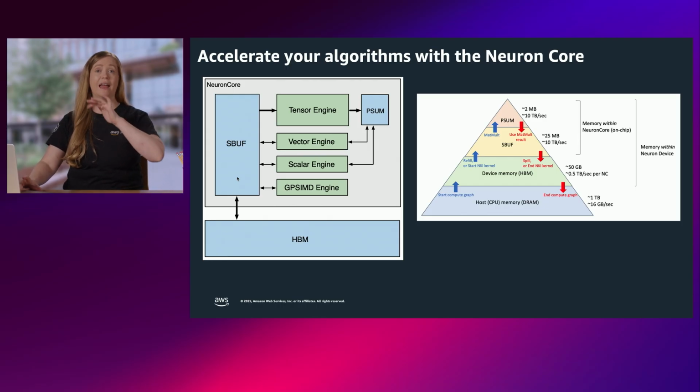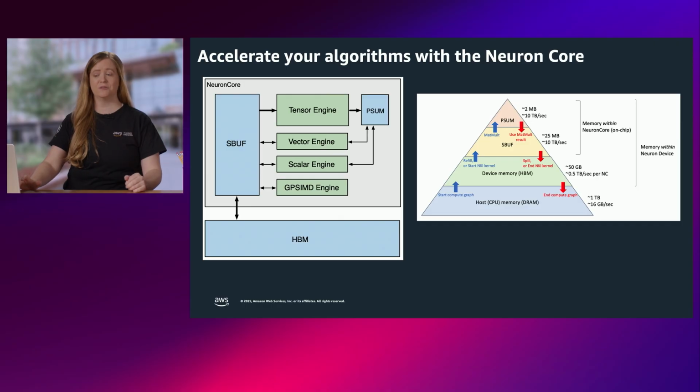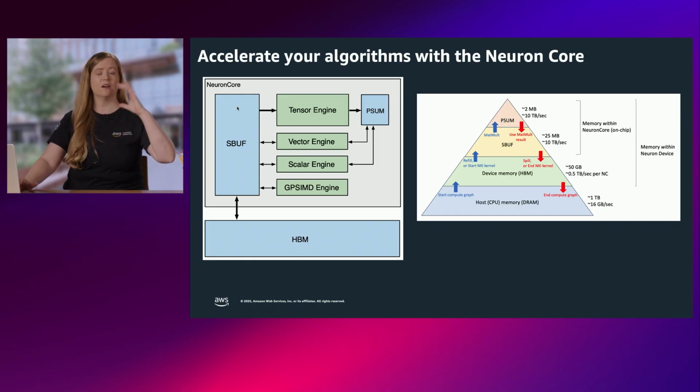The command is called nl.load. With nl.load, we're physically moving the tensor that you defined in your program from HBM to SBUF, and we move the data down. Once it's on SBUF, we want to, again, define the computation.